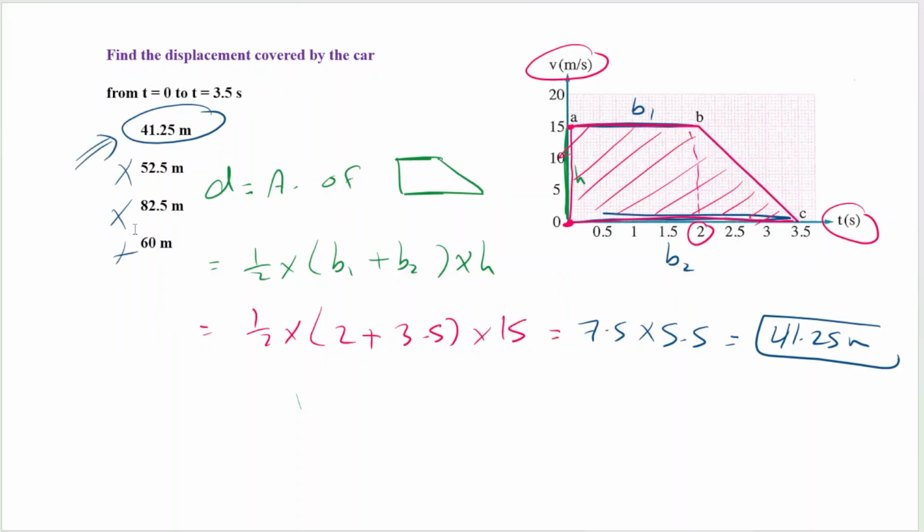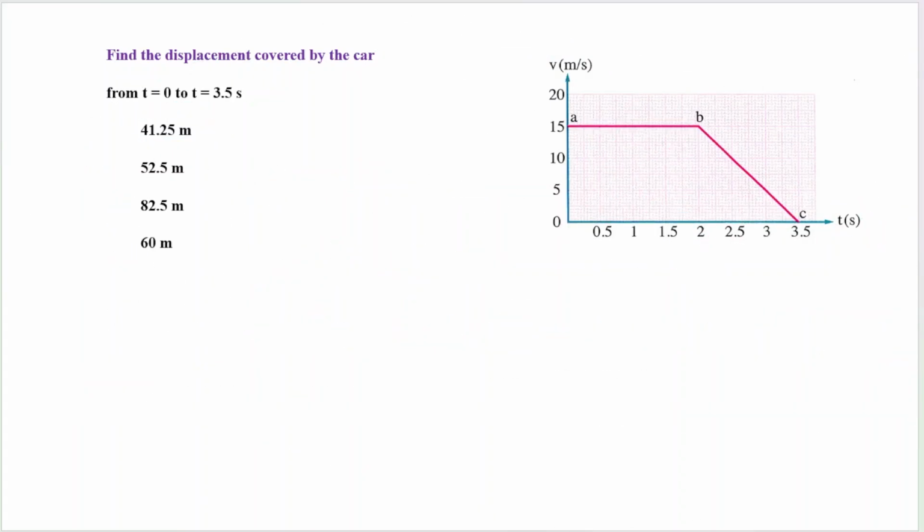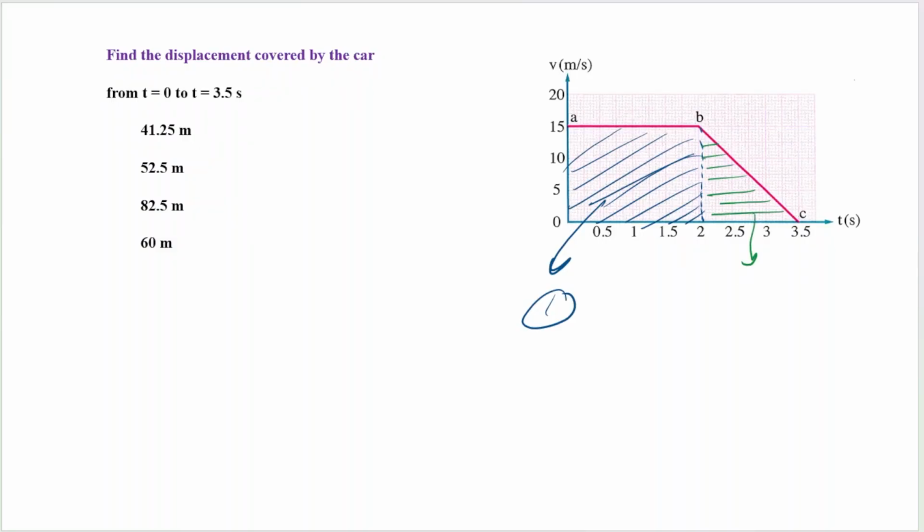If you are not happy with this solution, we can just divide this shape into two shapes. You can go from here and just make a straight line. So now you have a rectangle, I will call it 1, and you have a triangle, I will call it 2.